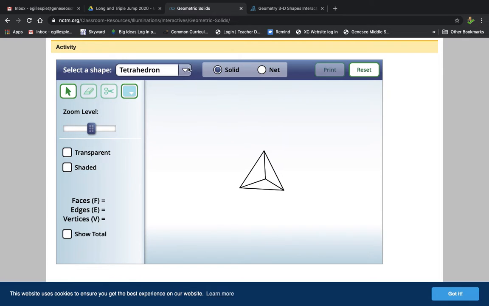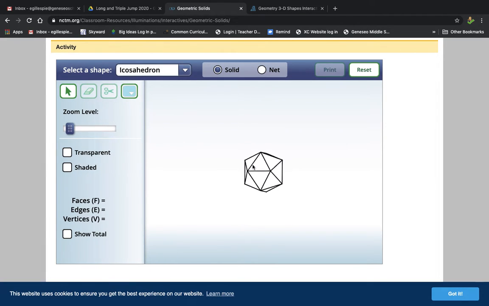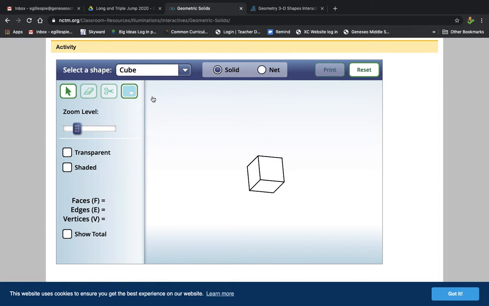But all these other shapes, while super cool looking, are not ones that we will actually talk about in 6th grade math. That's an octahedron. We've got a dodecahedron. You might have dice like this from games at home. I know I do. And this also looks a lot like dice that maybe you've had before. You can create your own if you want to get fancy. But we're just going to look at the cube for now.